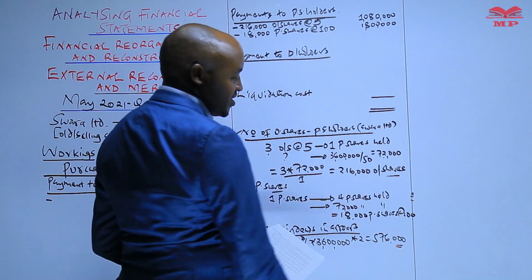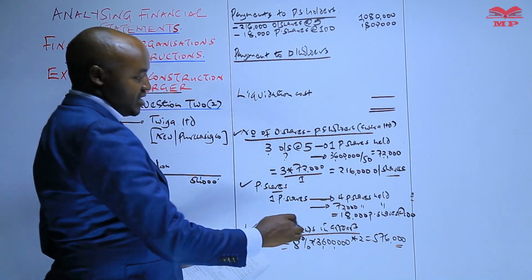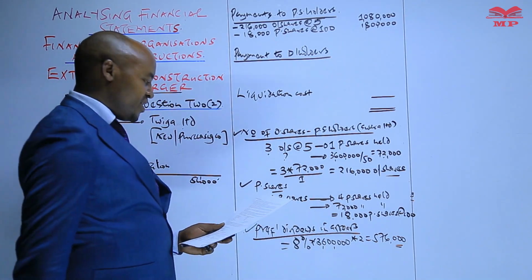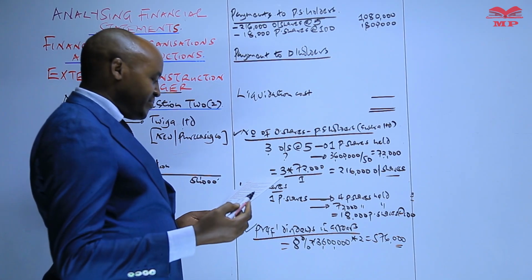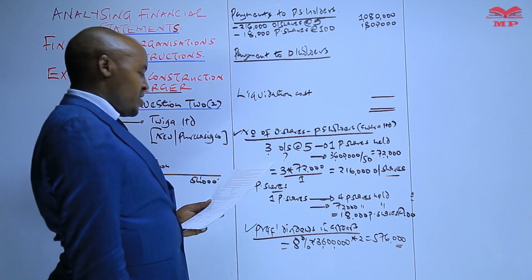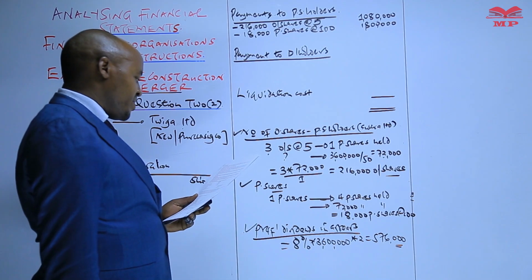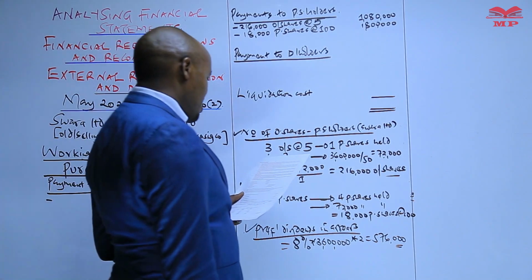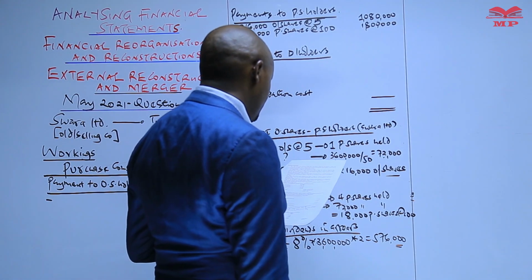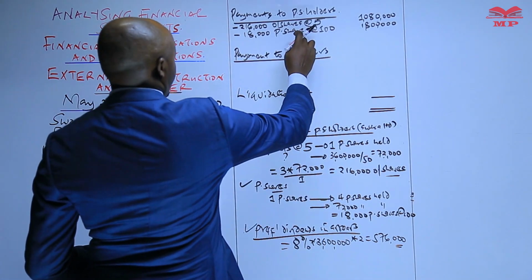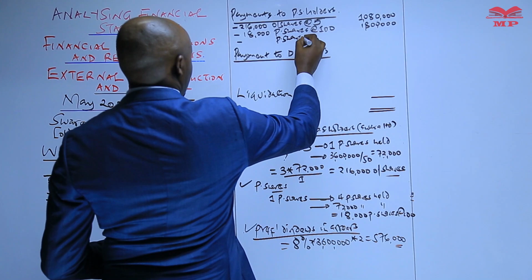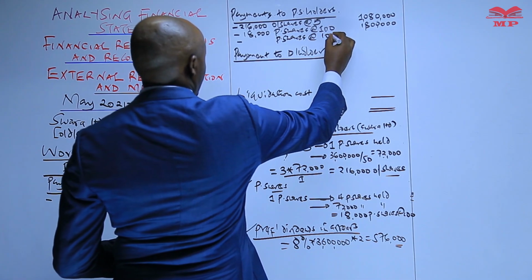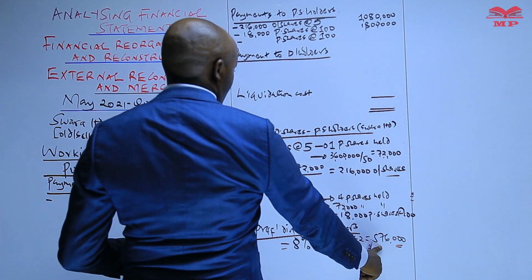So basically what you are told in note number 4 is that the preference shareholders of Swara will forego half of that. They will not be paid half of those dividends, and the other half will be paid to them by being issued with fully paid preference shares. So the preference shareholders will be issued with fully paid preference shares, and the amount to be paid to them is half of this.